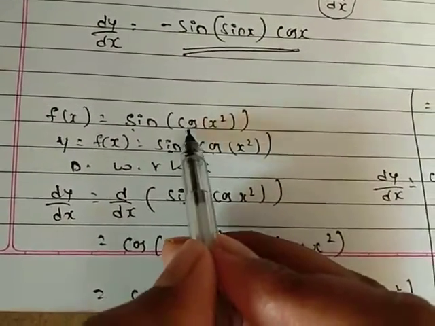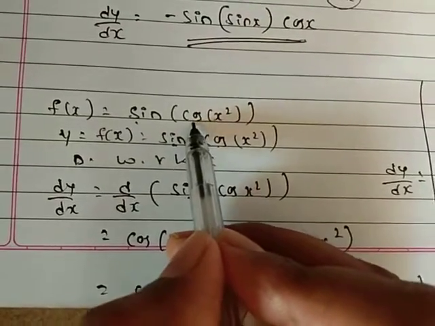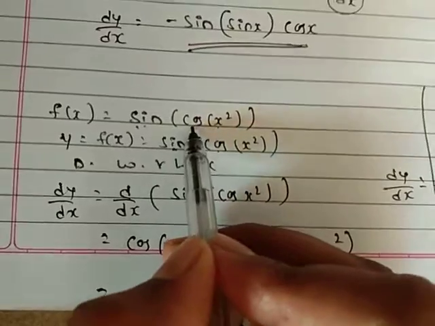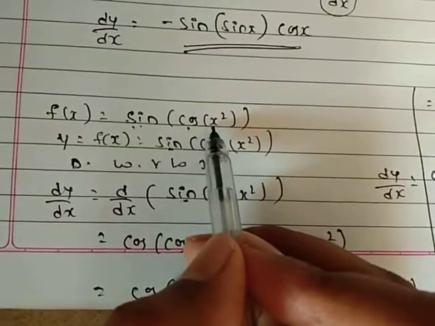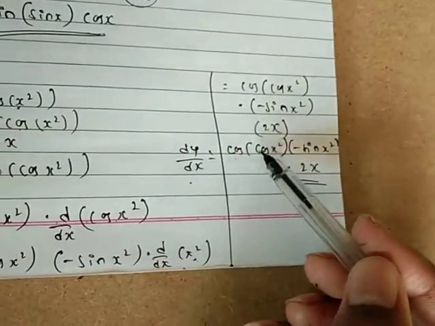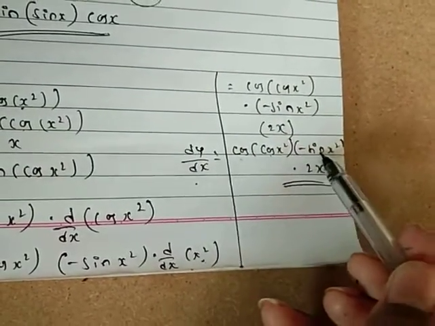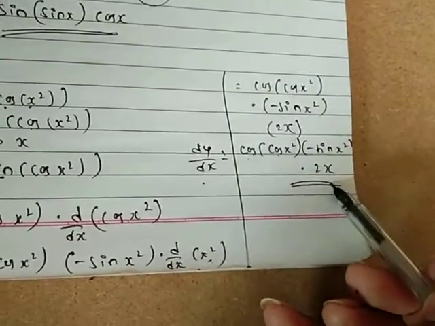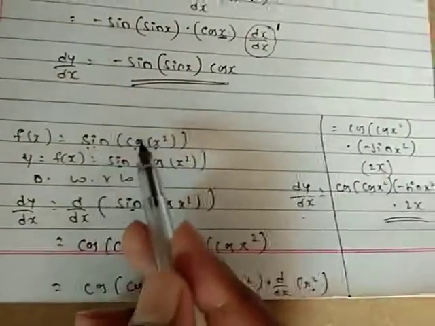Again we differentiate cos x, and third we differentiate x square. The final answer is dy by dx is equal to cos of cos x square into minus sin of x square into 2x. It's the differentiation of sin of cos of x square.